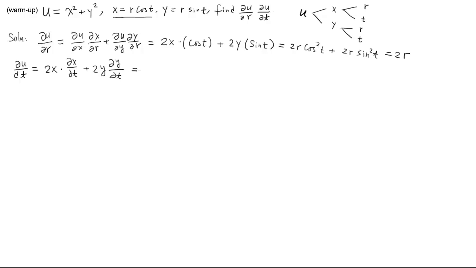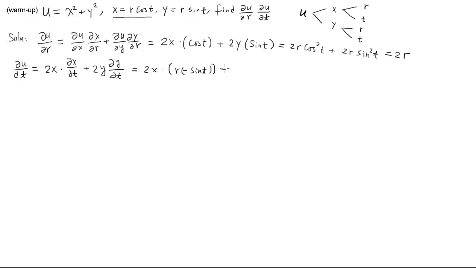So this is what we have. And then what we have over here again is 2x, and the derivative with respect to t is different, because now we have r, and we have negative sine t, because the derivative is with respect to t now, not with respect to r.